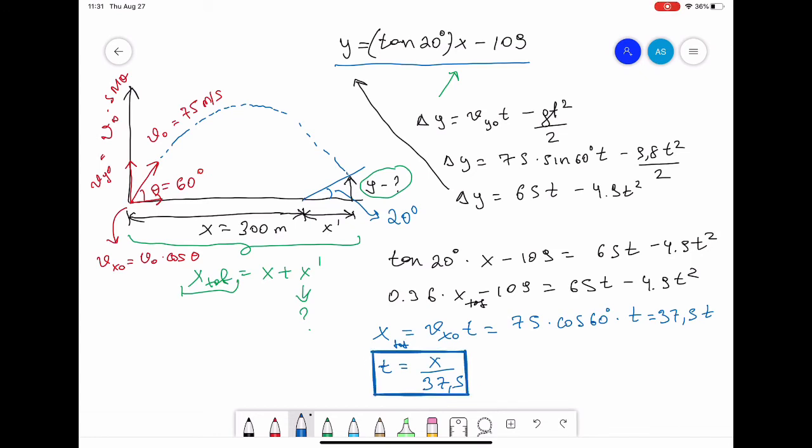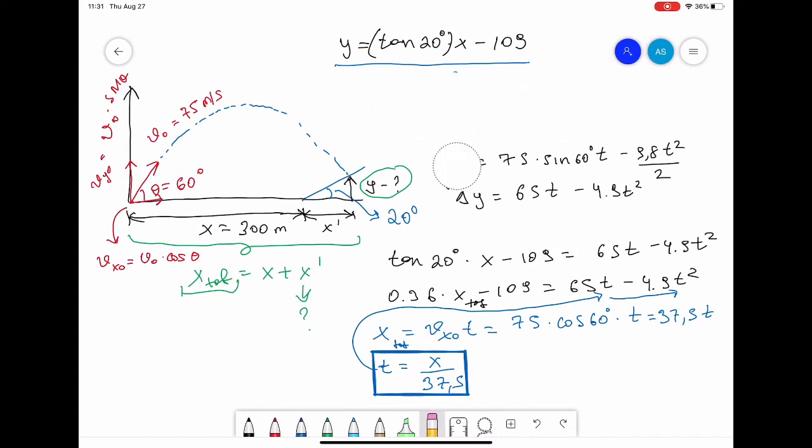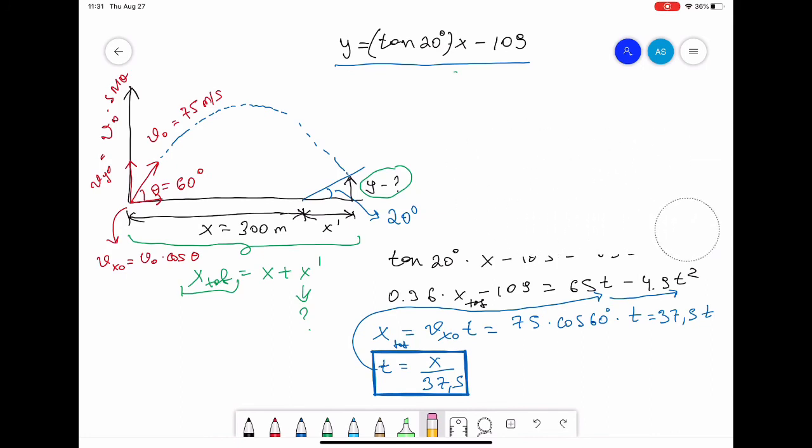Now finally, you take this t is equal to x over 37.5, and plug it into both times. Once you plug them in, I will make it short.